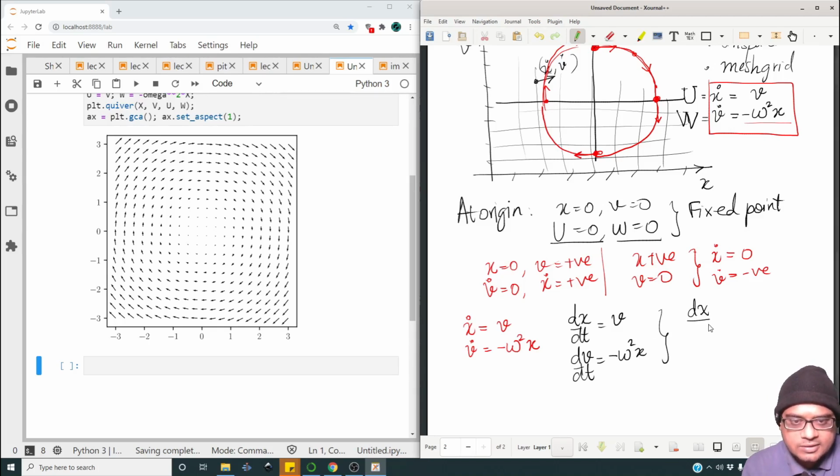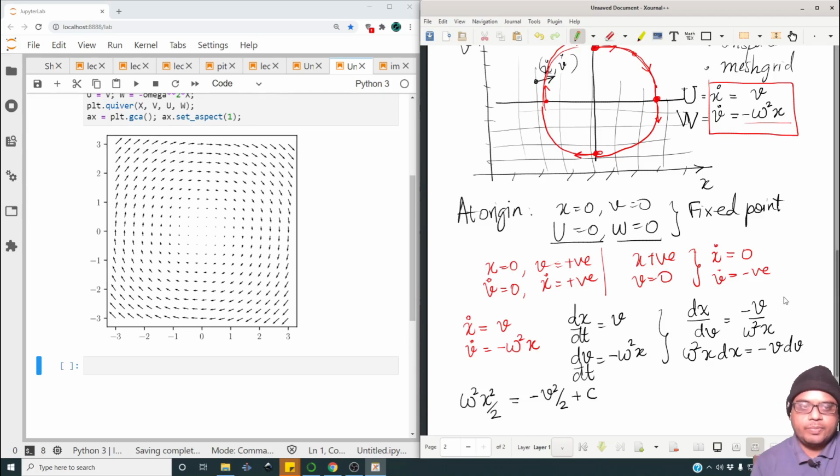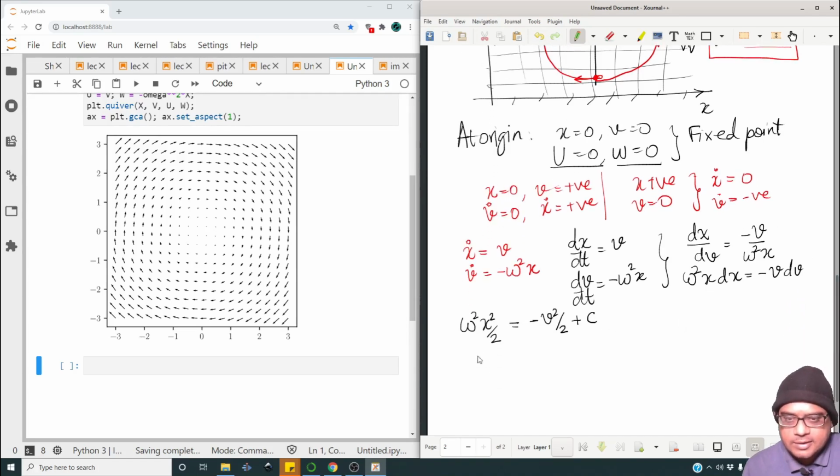So we have dx upon dv is equal to minus v upon omega square x, and thus omega square x dx equal to minus v dv. Let us integrate this. So we have omega square x square upon 2 is equal to minus v square upon 2 plus some constant, and actually we can write this as omega square x square plus v square is equal to some other constant k.